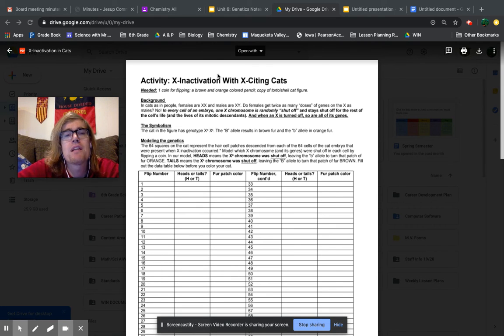So the symbolism, we're going to show this in the cat. Our cat figure has genotype X and X. Our B is going to represent brown fur, and the little b is going to represent orange fur. Just to be fun, let's assume it's incomplete dominance, so we can have 3 colors in our cat. We're going to use 64 squares in the cat to represent the hair patches, cell patches descended from each of those 64 cells of the cat embryo that were present when the X inactivation occurred.